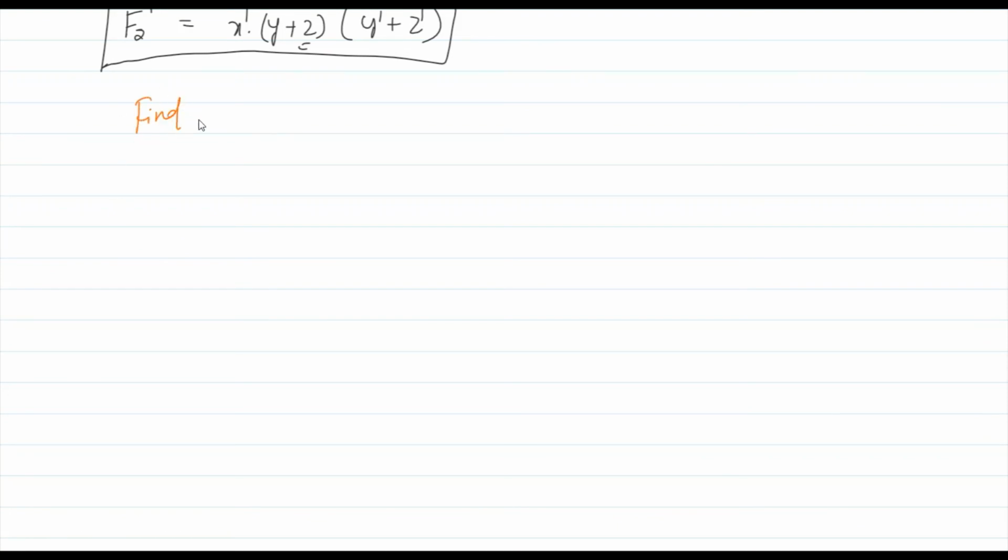I'll write f1 equals x prime y z prime plus x prime y prime z. Okay, what we have to do, same example I have written now.